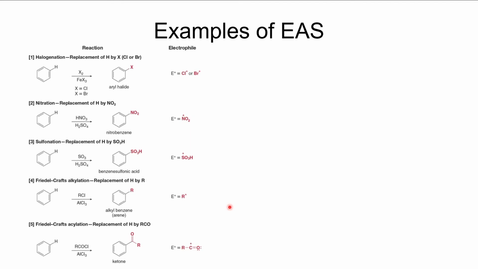So there are many examples of electrophilic aromatic substitution that we're going to talk about in this chapter. We will talk about halogenation, which is in the next section. With halogenation, we will see that we can substitute a hydrogen with either chlorine or bromine.